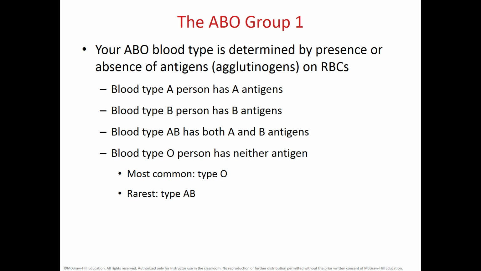Someone who has AB blood type will have both A and B antigens. And someone who has blood type O doesn't have A and doesn't have B antigen. So the most common type of blood that we have is O type, and the rarest type will be AB.